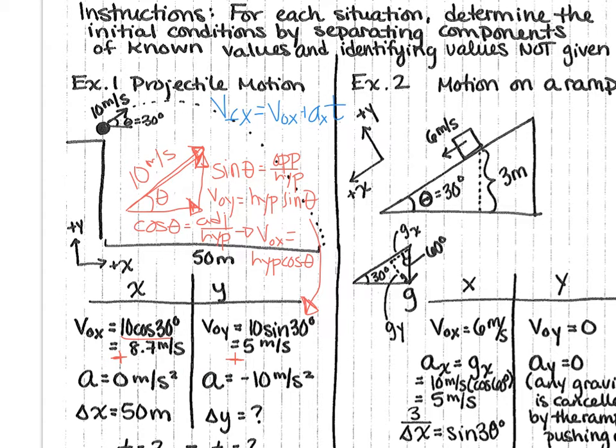That's telling you that this equation works in the x direction and it works in the y direction. We could easily just change these little letters to y's. And you have to treat them separately if you're moving in more than one direction, like in projectile motion.